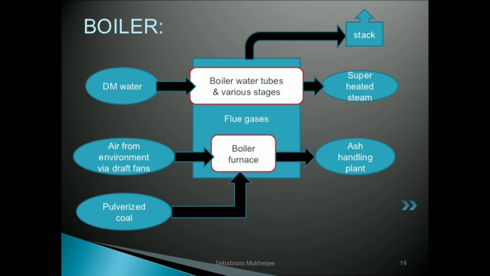What is a demineralized plant? Generally every thermal power plant has a demineralized water plant, because we do not use river water directly, it is not directly pumped to the boiler tank. It is demineralized.